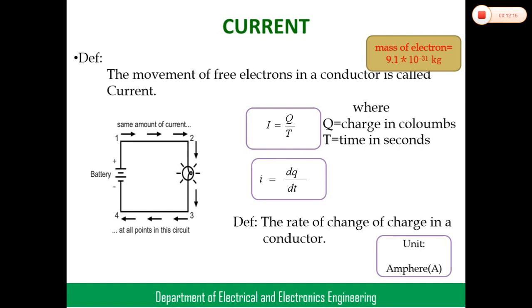Why am I telling you this? If any wire in the middle of the circuit melts, it becomes open circuited. If the circuit is open circuited, then the current becomes zero and the bulb cannot glow, because the circuit should be a closed path; then only the current passes through the circuit and the device works.